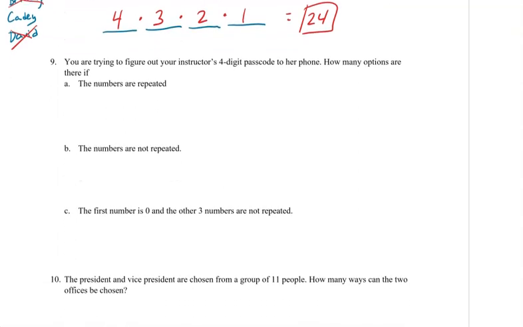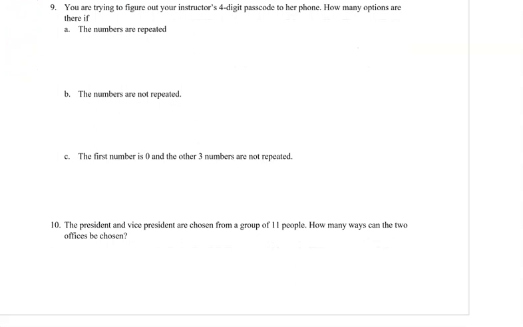All right, number 9. You're trying to figure out your instructor's 4-digit passcode to her phone. How many options are there if the numbers are repeated, the numbers are not repeated, or the first number is 0 and the other 3 numbers are not repeated? Okay, so first off, the numbers are repeated. So it's a 4-digit password.